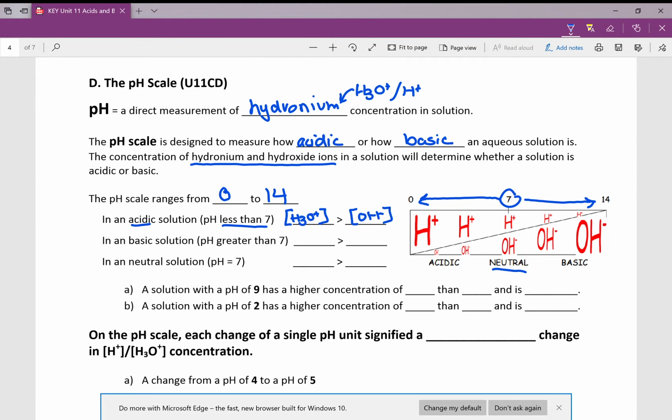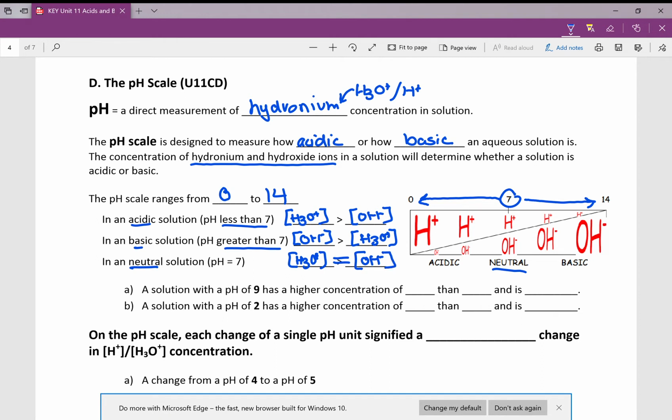In a basic solution where the pH is greater than 7, the reason it has those basic properties is because in that range, the hydroxide ion concentration is greater than the hydronium ion concentration. And when it's neutral, where it has that pH of 7, these two should actually be equal to each other. So the hydronium ion concentration will be equal to the hydroxide ion concentration when it's neutral.